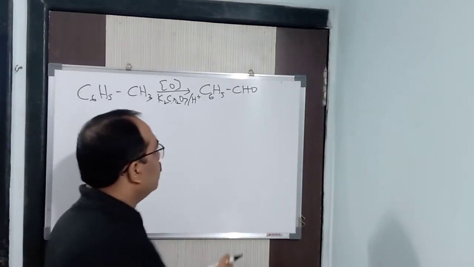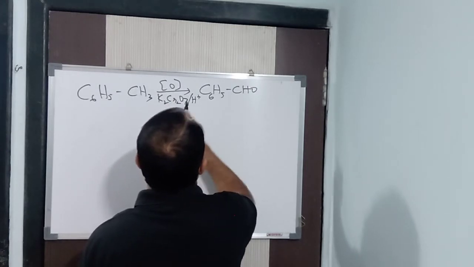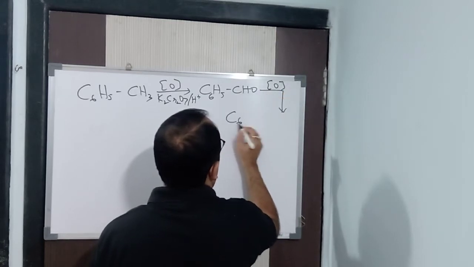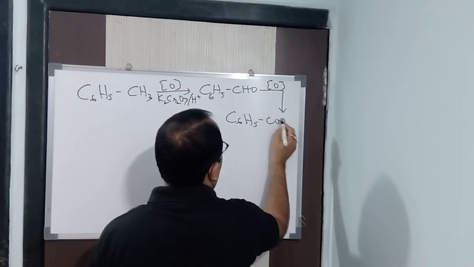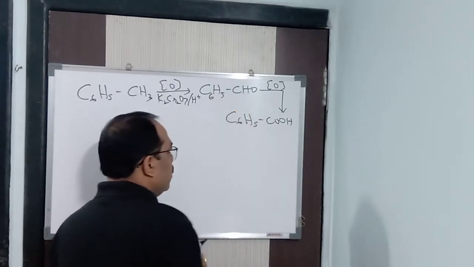But the main drawback of this process, as I have said earlier in the aliphatic also, is that it will get further oxidized to benzoic acid, C6H5COOH. You will be getting not only benzaldehyde but also benzoic acid.